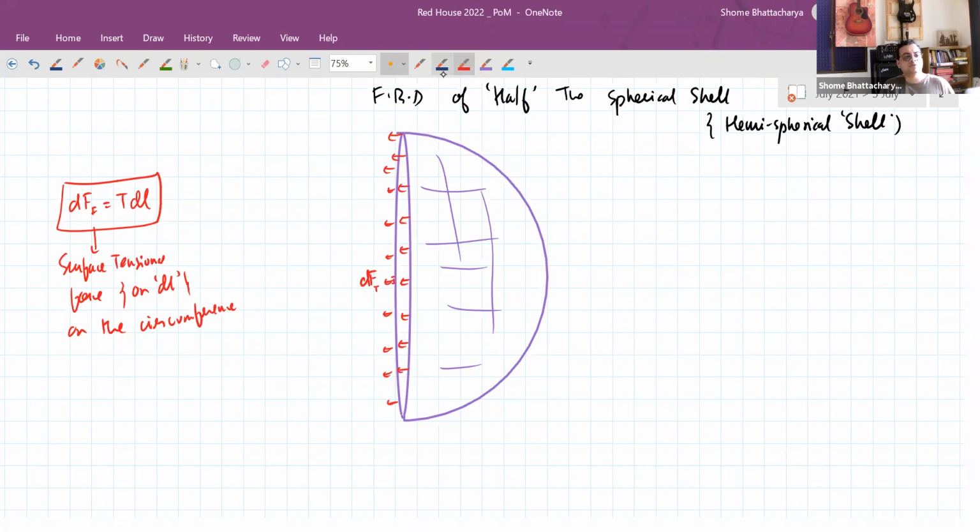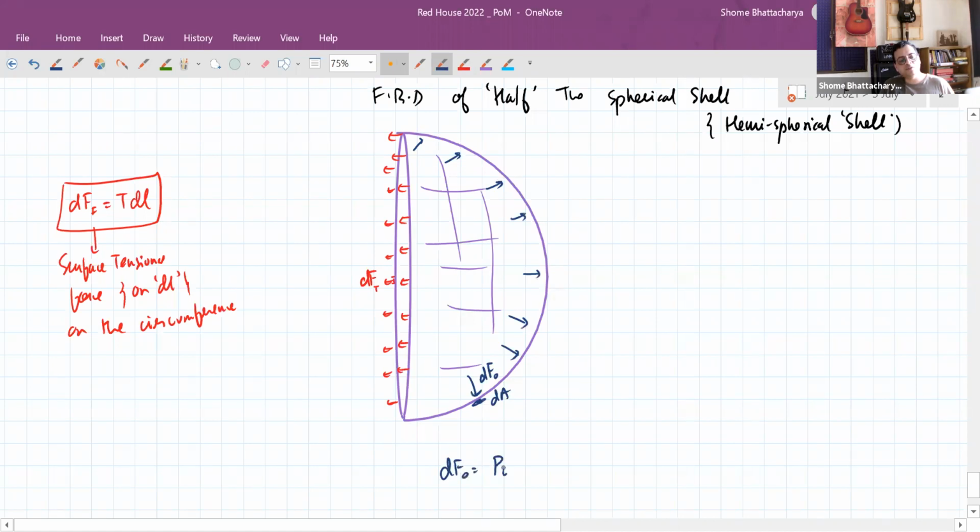Okay. Now there'll also be force vectors because of internal pressure, which will be acting like this. So we consider an area dA. This force will be due to internal pressure. Oh, sorry, let's write that as P. So write this as dF. The external one we'll write with the subscript, so this is P0. So these are the force vectors which are acting because of internal pressure.